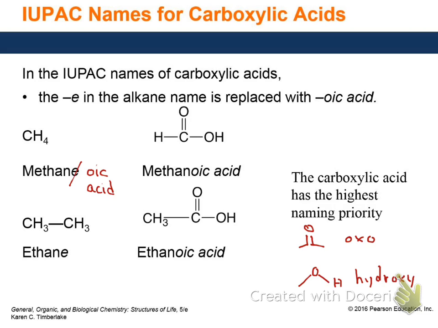Those are things that you have to be aware of. Now that the carboxylic acid is the highest priority, it is also always at the end, right? So it doesn't need to have a number. You would say oxo for carbonyl groups instead of ketone or aldehyde names, and you would say hydroxy for alcohols. And we talked about aldehydes, we use formyl as well. Those are in a previous lecture set.